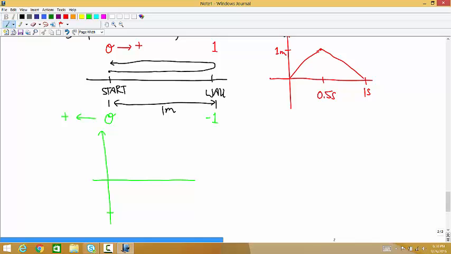And so the object starts at 0, goes to -1, and then back to 0. So it looks like this. Any questions about that one?